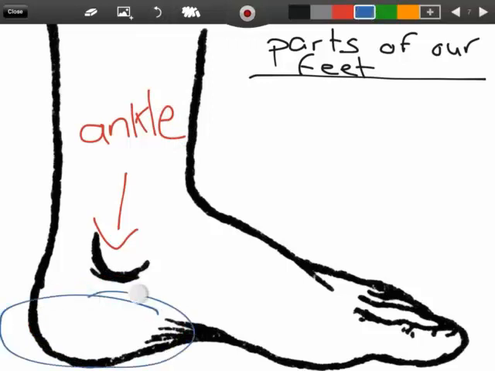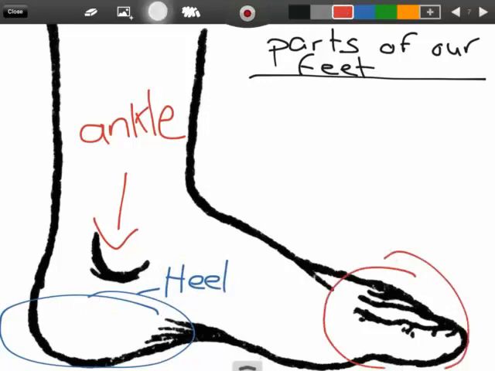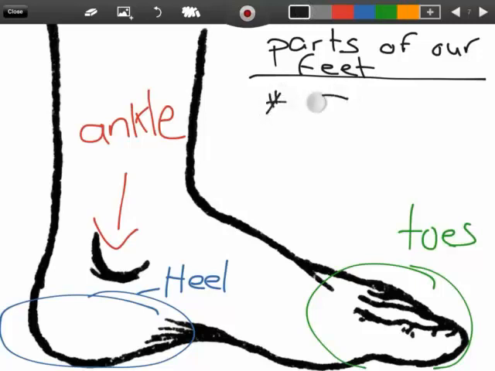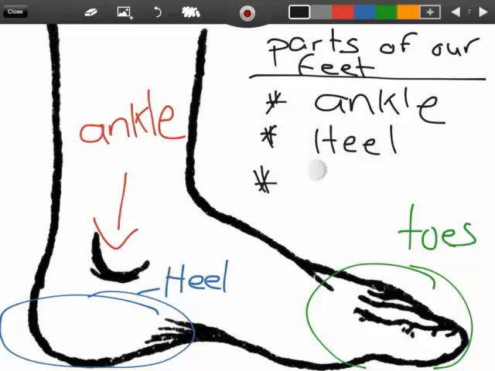This right here is our heel. And these right here is our toes. So let's go ahead and write that out. We have our ankle, we have our heel, and we have our toes.